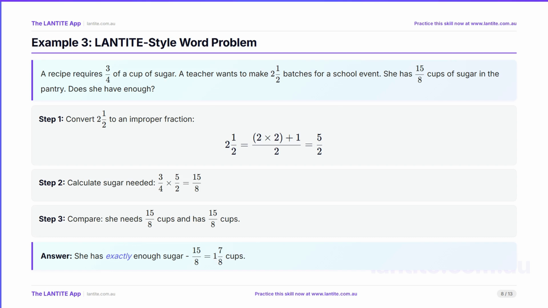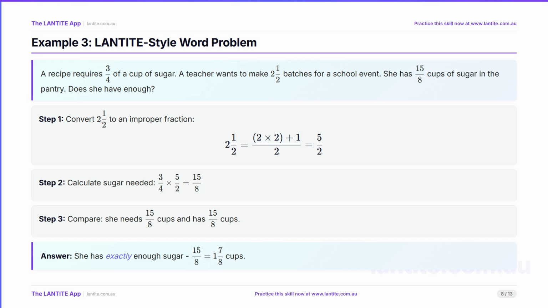Here's a LANTITE-style word problem. A recipe needs 3/4 of a cup of sugar, and a teacher wants to make 2½ batches. She has 15/8 of a cup. Does she have enough? Step 1. Convert 2½ to an improper fraction. 2 times 2 plus 1 over 2 equals 5/2. Step 2.